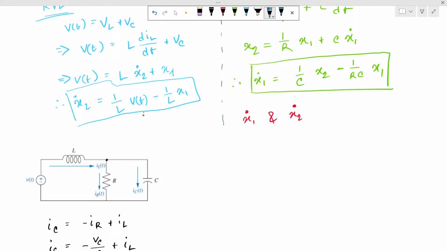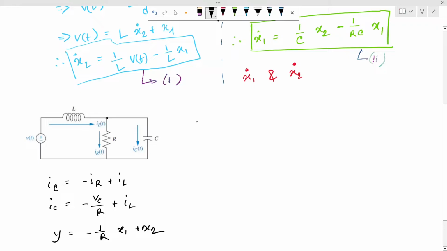Now I will call this equation 1 and this equation 2. From 1 and 2 I can write x1 dash, x2 dash.